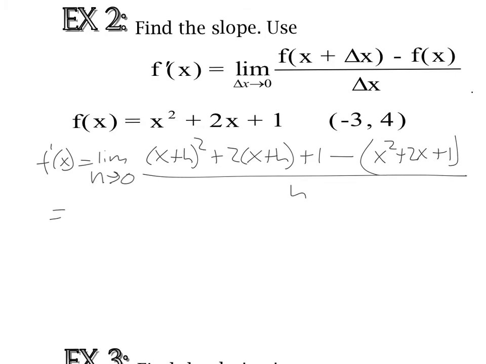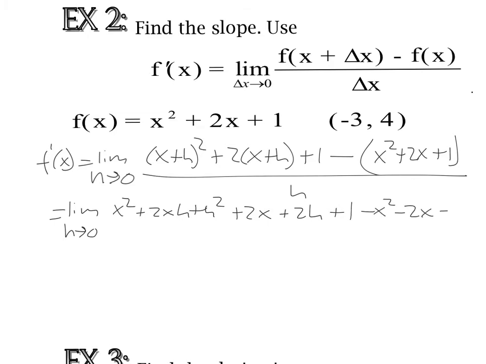Okay, let's expand this thing out. This would be x squared plus 2xh plus h squared plus 2x plus 2h plus 1. Distribute the negative, we get negative x squared, negative 2x, and negative 1 all over h. Well, x squared minus x squared cancels out. Positive 2x and negative 2x cancels out. Positive 1 and negative 1 cancels out.